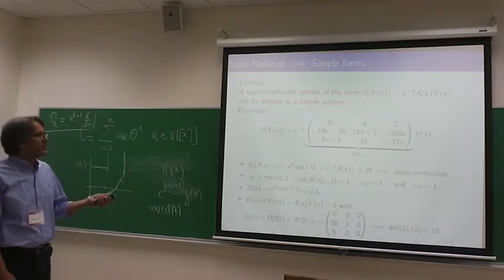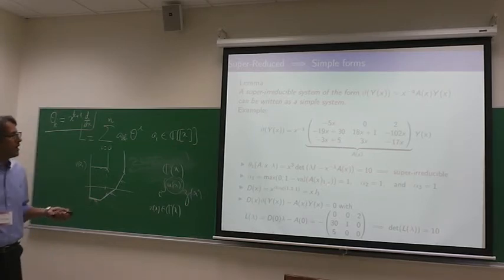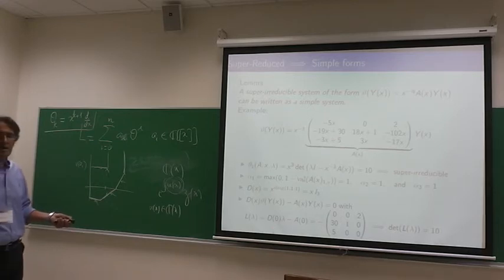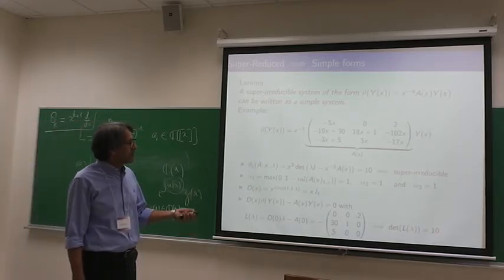So this is a super reduced system. And if you rewrite the system as I explained at the beginning, in the form d theta plus n, you get a pencil that in this case is non-singular, and the determinant is the same.